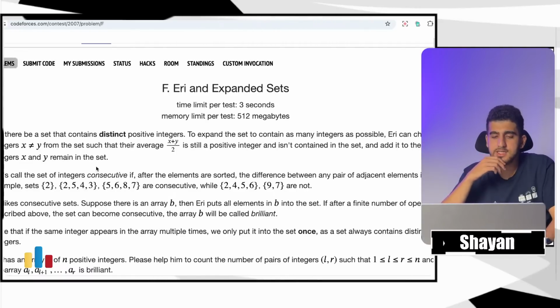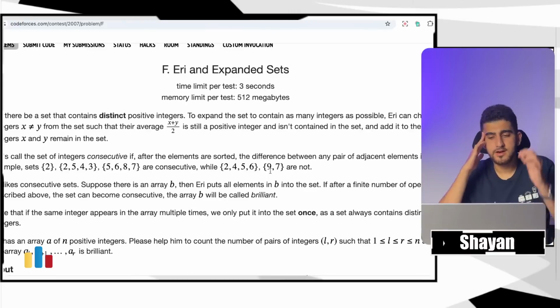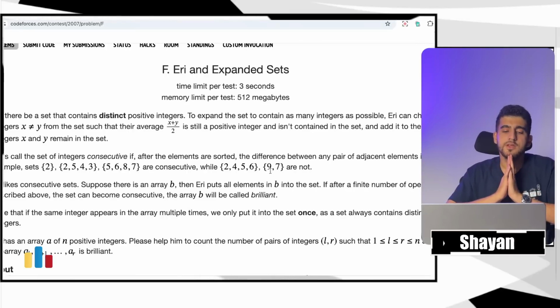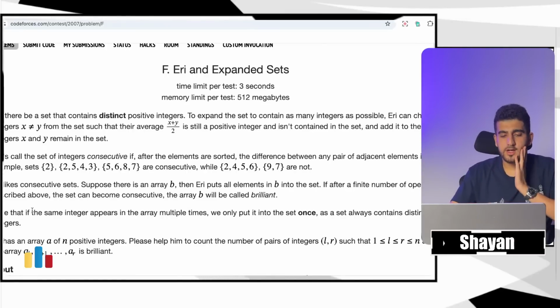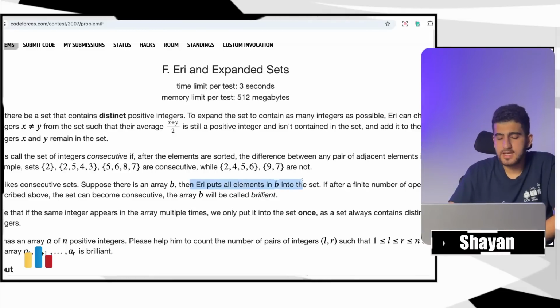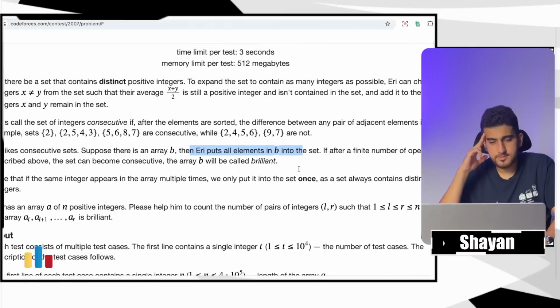And let's call a set of integers consecutive if, after the elements are sorted, the difference between any pair of adjacent elements is 1. Now, the array likes consecutive sets. Suppose there is an array B, and we put all elements of B into the set.